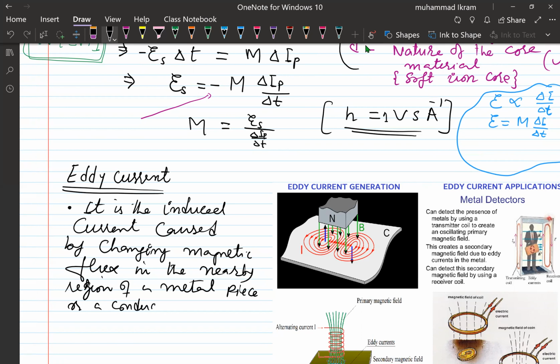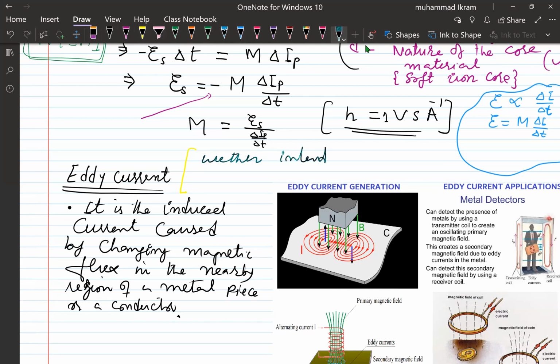Now you see that there is one difference from the proper induced EMF in the eddy current, and that difference is that this eddy current, whether intended or not, has to be produced. If you want it or if you don't want it, doesn't make any difference.